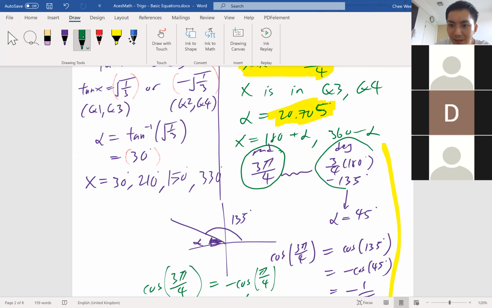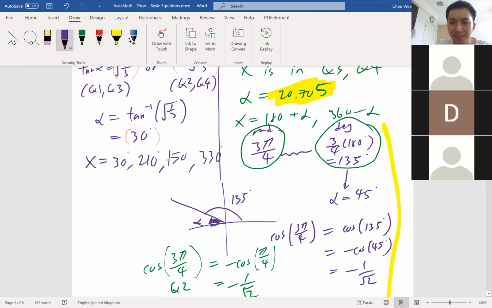Then 135 degrees, you must realize that it's actually the variant of 45 degrees. It's the Q2 counterpart of 45 degrees. Which means that since 45 degrees is a special angle, 135 degrees is also a special angle, but in the Q2 version. Is cosine positive or negative in Q2? Cosine is negative, which means that cosine 135 is negative cosine 45.